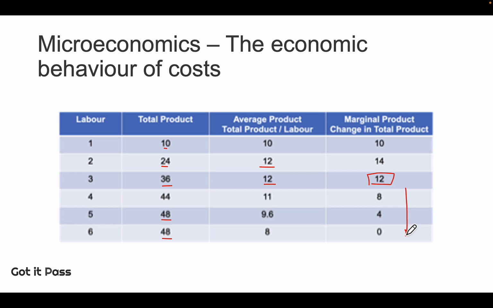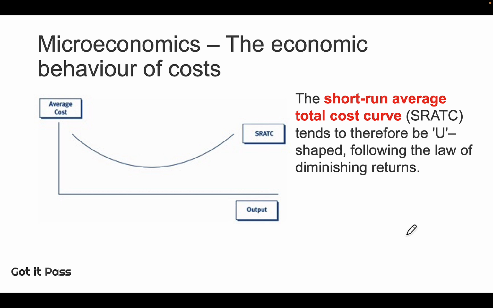Here is the economic behavior of cost in the short run. When we put the numbers into a chart, using a diagram or picture to show you the visual presentation, then you can see the curve here, the short run average total cost curve, tends to form a U shape following the law of diminishing returns.